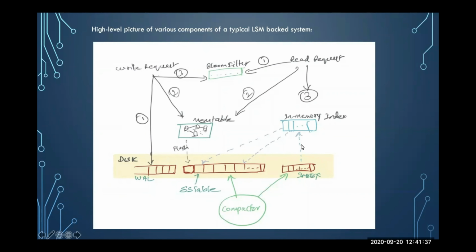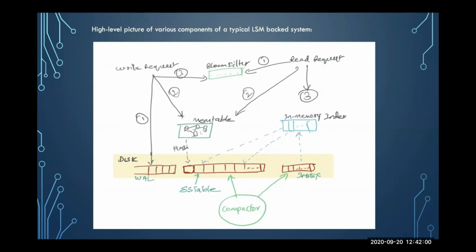Let's go over the high level picture of various components of a typical LSM based system. For a write request, first it's persisted onto the disk into the WAL. The main purpose of the WAL is to help us in case of some failures. So whenever a failure happens, we have to roll back into the state that we were previously in.